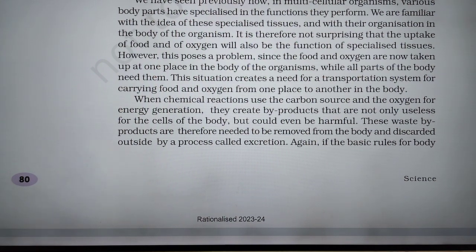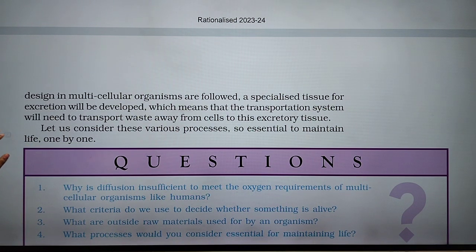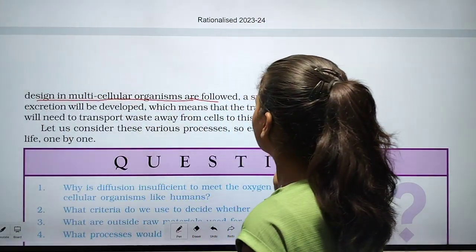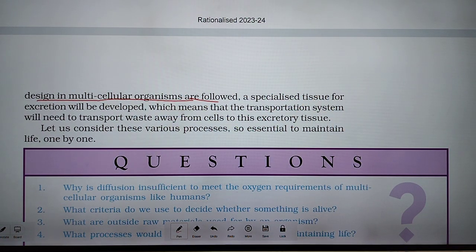Again, if the basic rules for body design in multicellular organisms are followed, specialized tissue for excretion will be developed, which means that the transportation system will need to transport waste away from the cell to the excretory tissue.